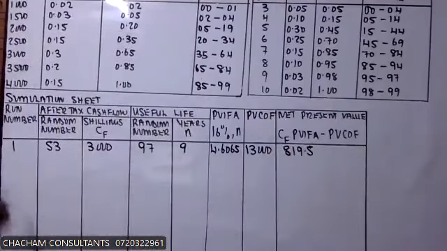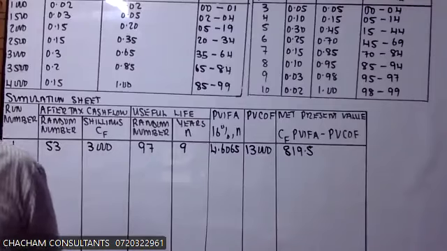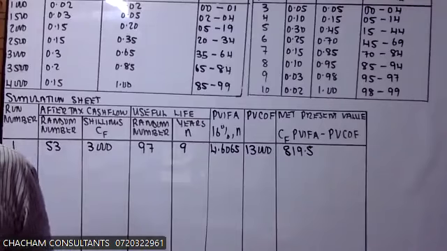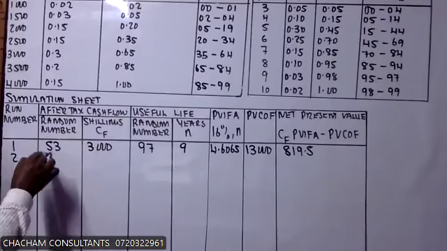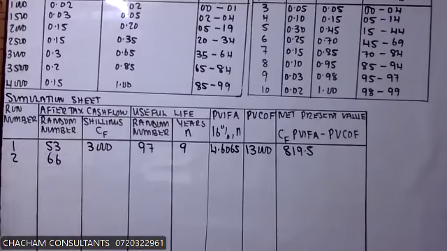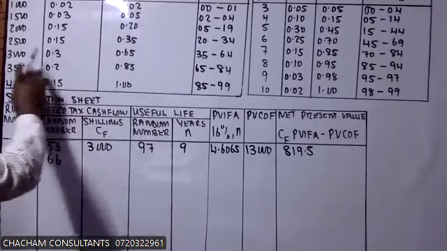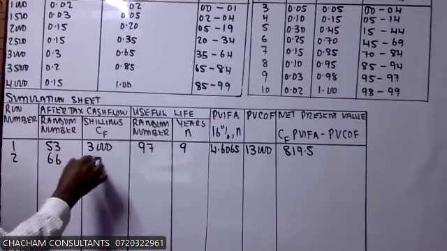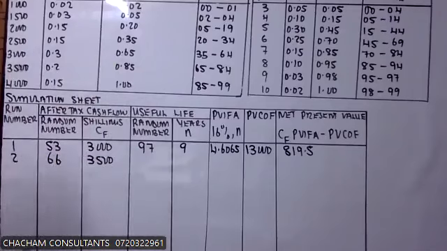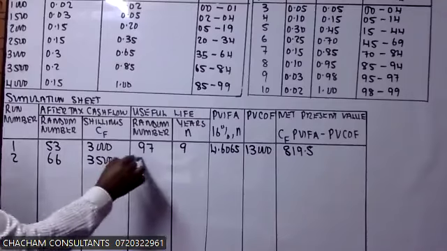Let's go to the second run. The second run, we have 66. So 66, we have 3,500. The random number is 99.